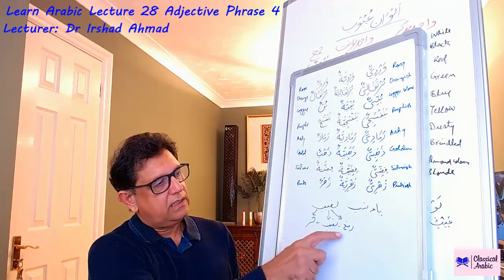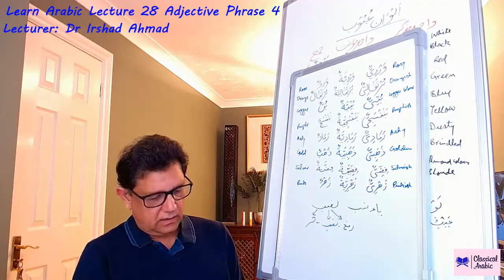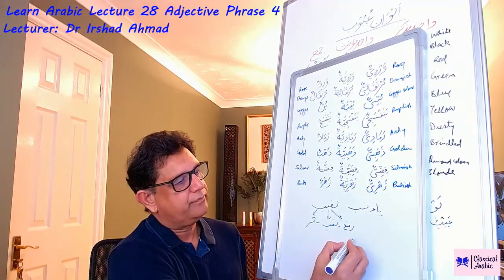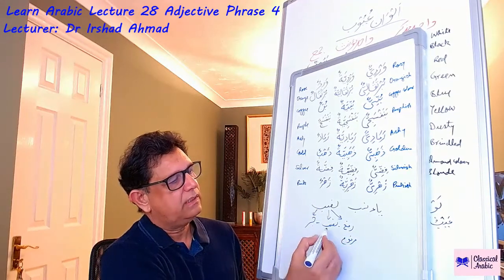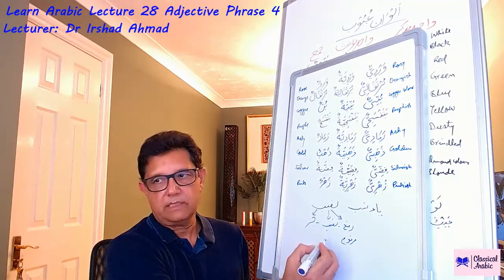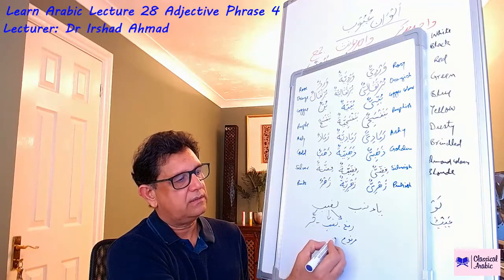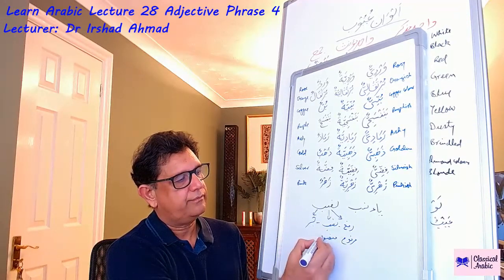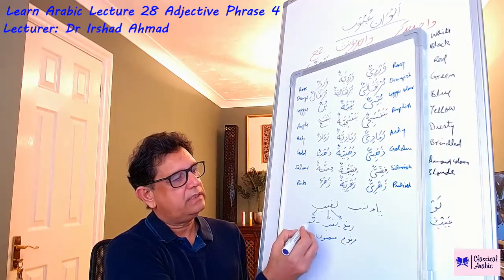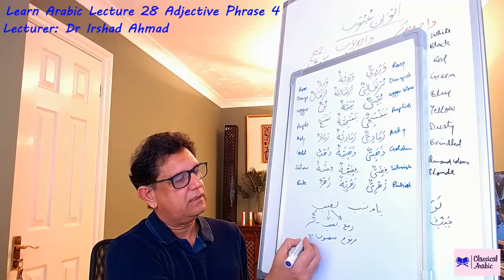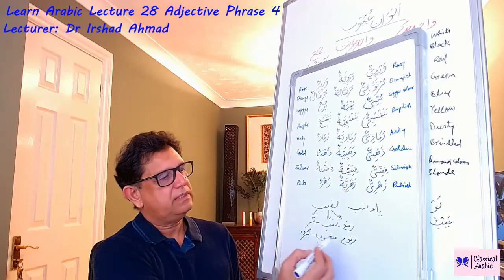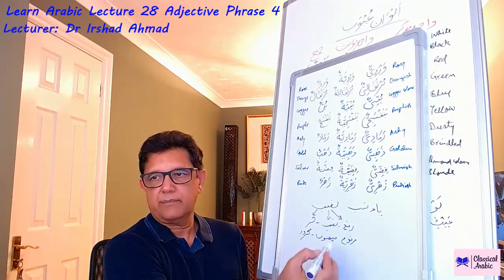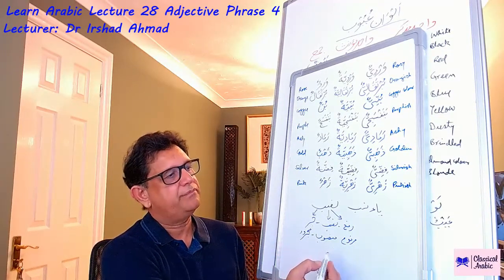We can say a noun is in rafa, or we can say the noun is marfu. It is in state of rafa, or we can say it is marfu. A noun which is in state of nasab, we can say that noun is mansub. And a noun which is in state of jar, we can say that noun is majroor. So basically these are nouns and these are the relevant sifa.